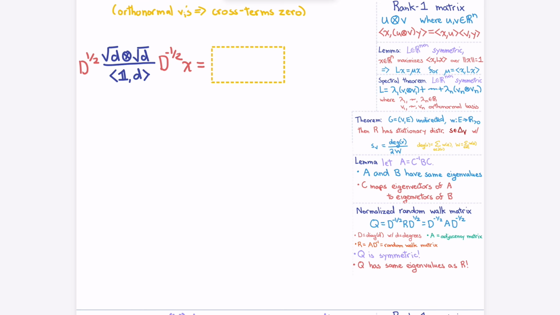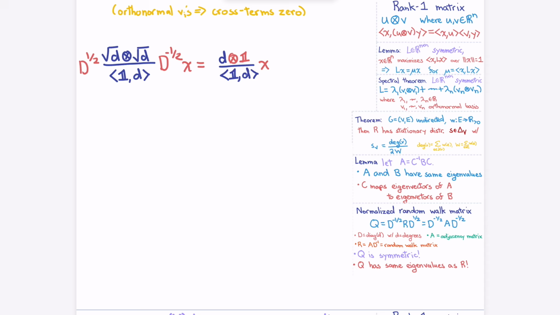The square root of capital D times the square root of lowercase d will get you something like this. That's how these outer products work.